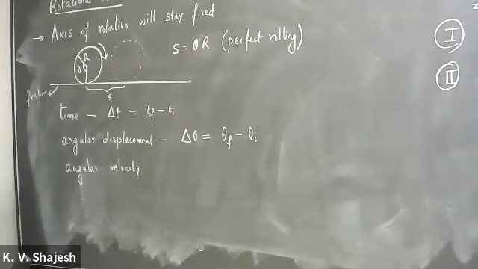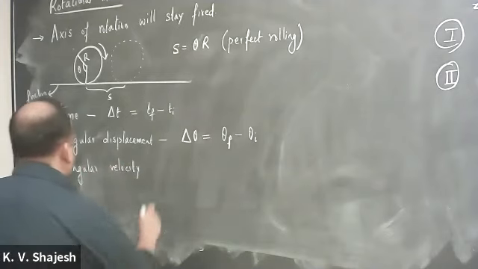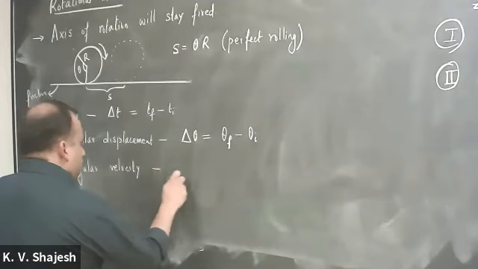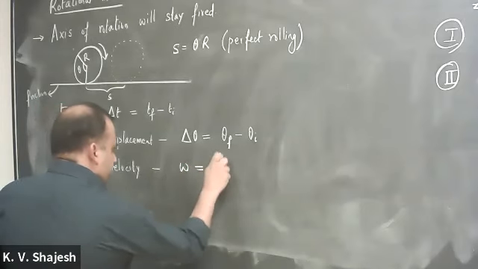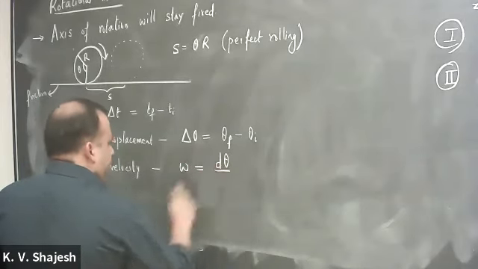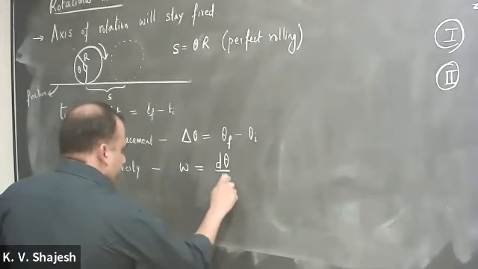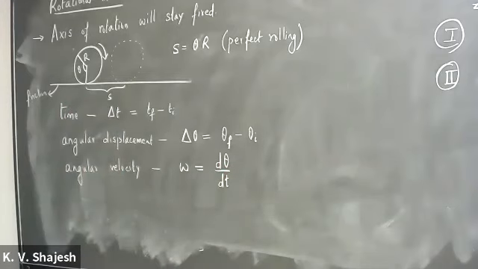This should be differentiated from translational velocity, which is translational displacement over time. Now this will be omega, and we'll define this as the derivative of theta with respect to time. So the rate of change of angle with respect to time.